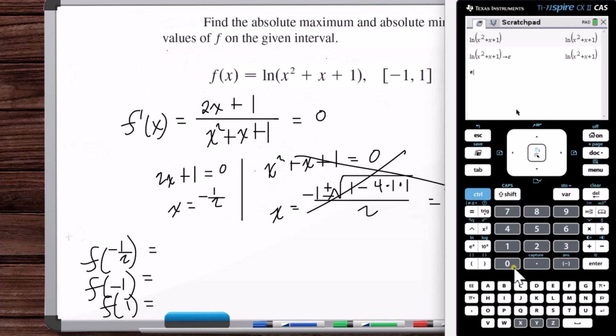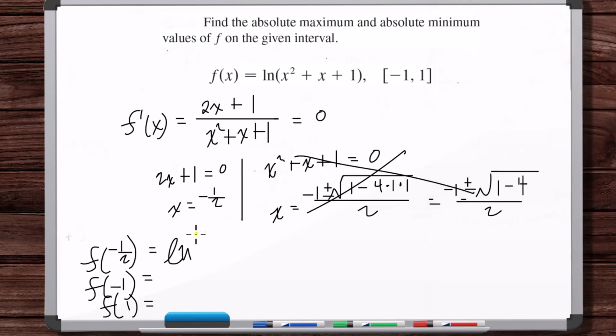With x equal to minus 1/2, natural log of 3/4.